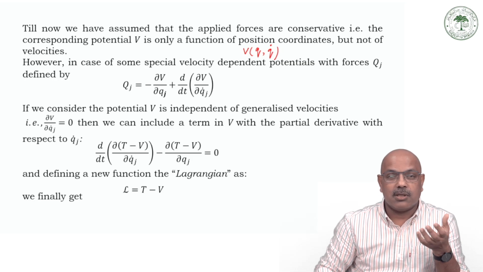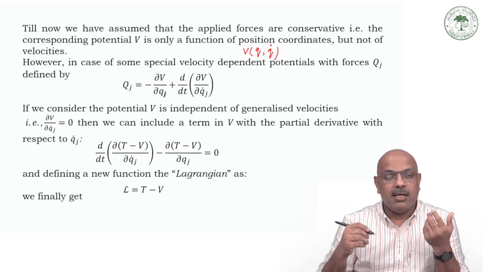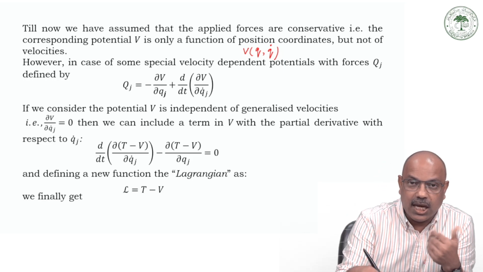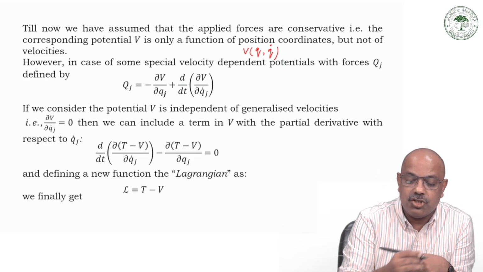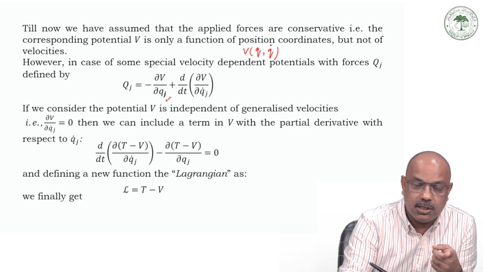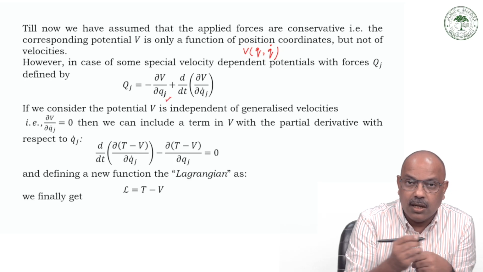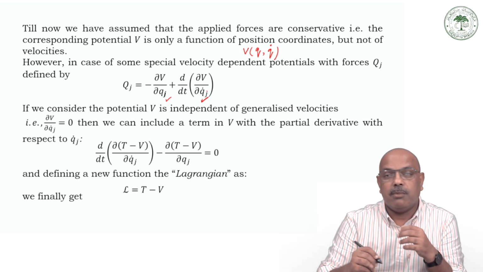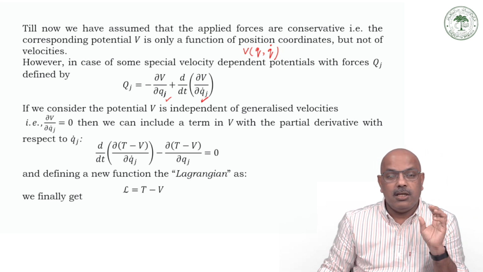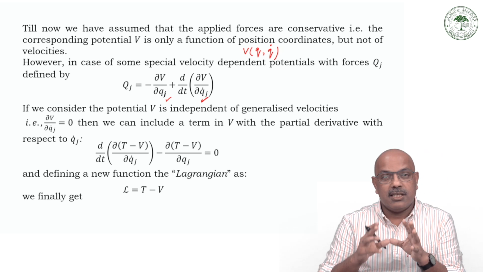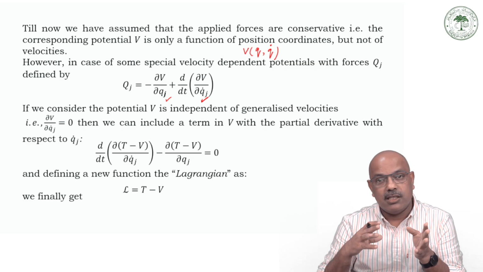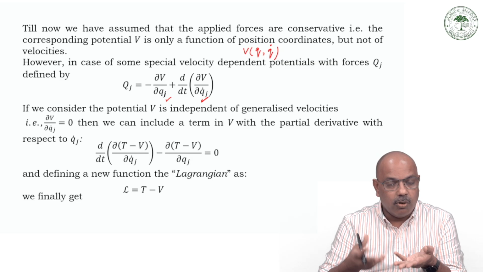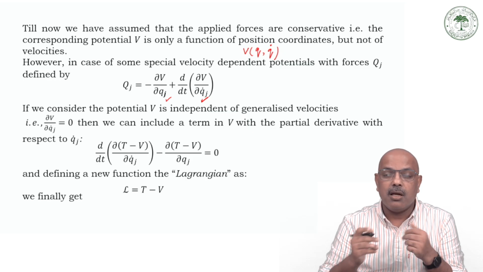which are going to be some special cases, my generalized force, which we can derive from the potential, has two parts: one from the potential part which depends upon the position coordinate, and then the potential part which depends upon the velocity. This is the general case where the potential also depends upon the velocity.